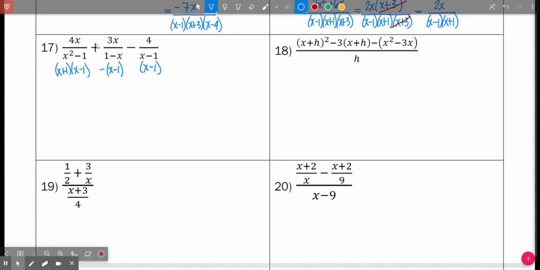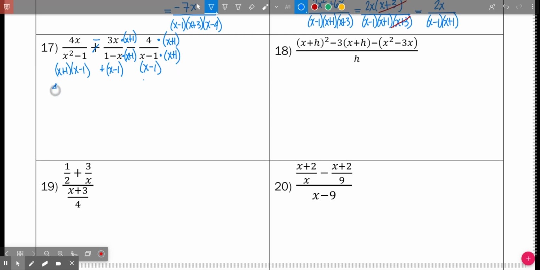This negative makes this subtraction, and I'm already subtracting my last term. So I need an x plus 1 in the top and the bottom of my second term, and I need an x plus 1 in the top and the bottom of my third term.